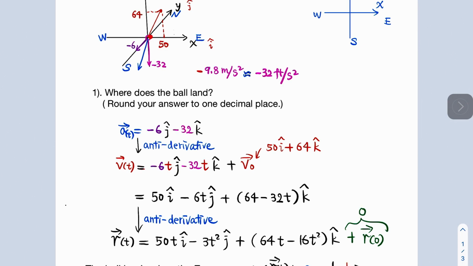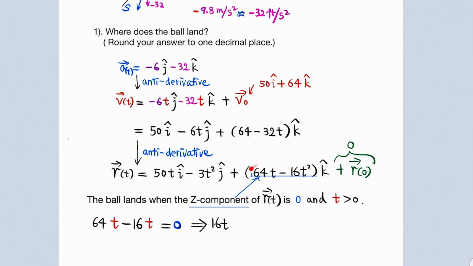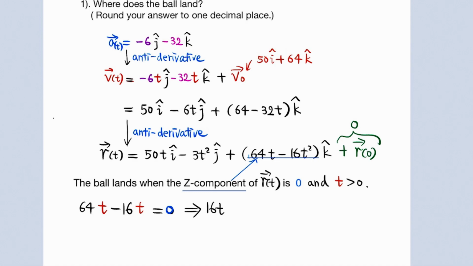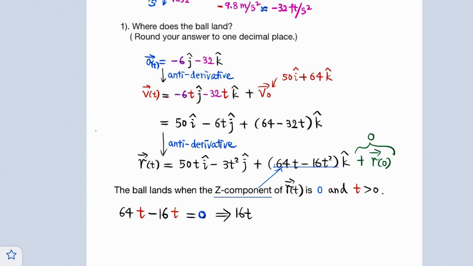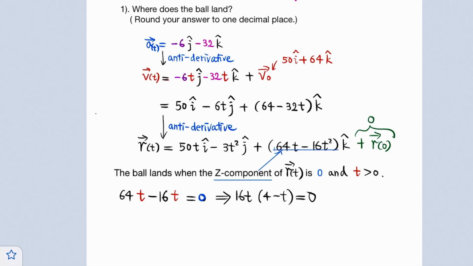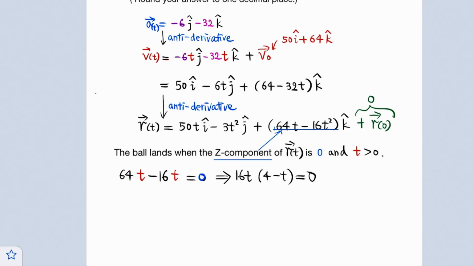Now remember, when the ball lands on the ground, it's going to land on the xy plane, so the z component of r(t) is going to be 0. Setting the z component equal to 0, we get 16t times (4 - t) = 0. Since t is greater than 0, t is equal to 4.